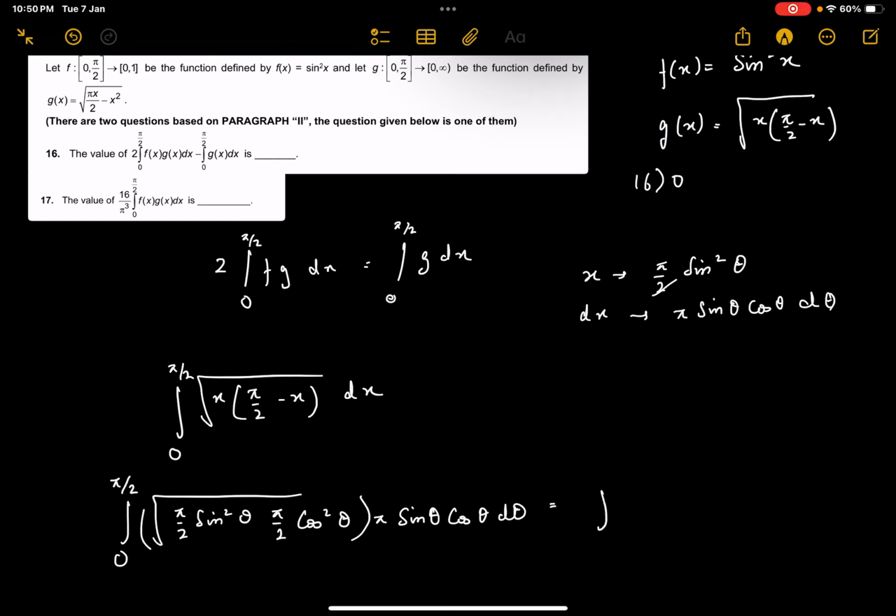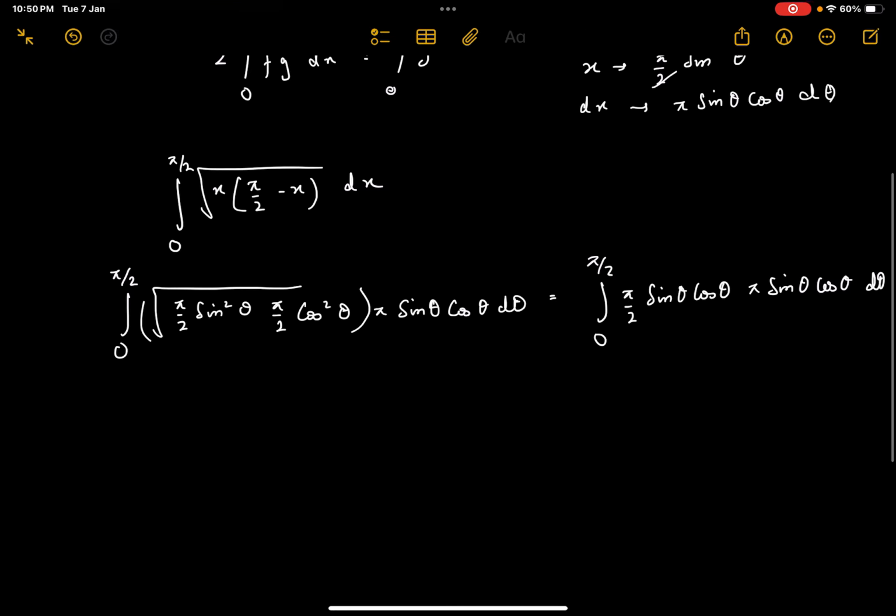So this is 0 to pi by 2. We have a pi by 2 sine theta cos theta times pi sine theta cos theta d theta. This becomes pi square by 2, and sine square 2 theta by 4.